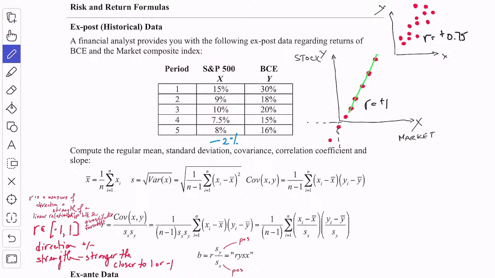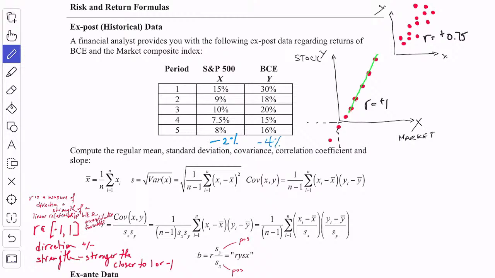So BCE returns would be not just 4%, but negative 4%, because it's double. So you see, that's not a good thing. That's what makes it risky. It looks good, and it's good in the good times, but it's also sensitive the same way in the bad times. It's risky. Very good.